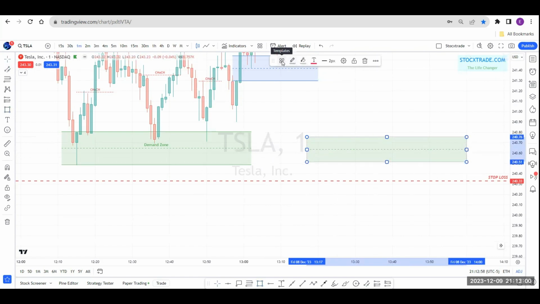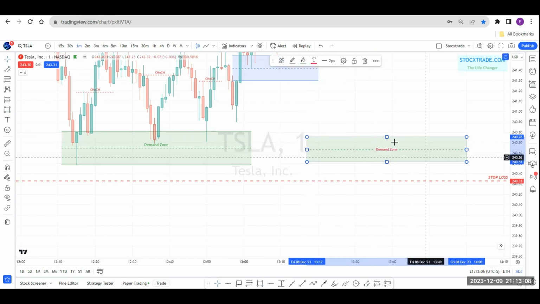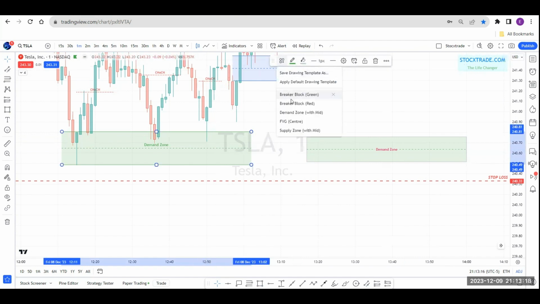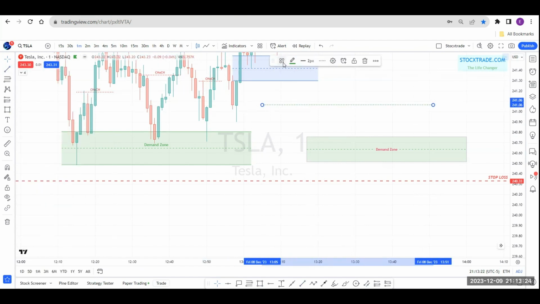Now you can come here, templates, and here you will see demand zone red. If I click this, it will again shift to the same one which we saved. So like this you can save everything. You need to save all these templates like breaker block, demand zone, whatever.